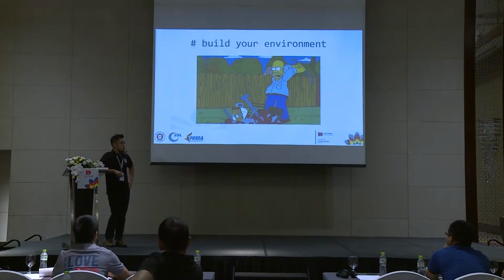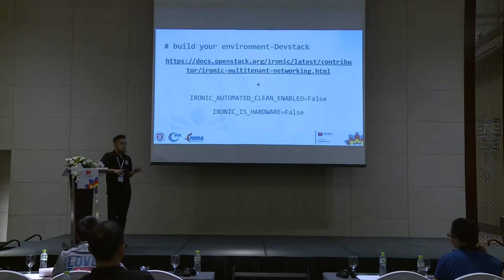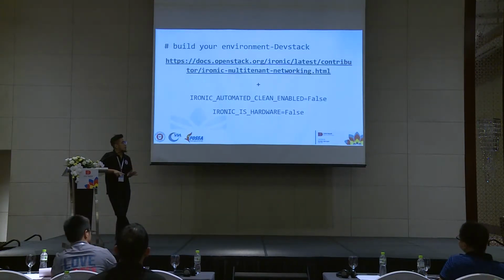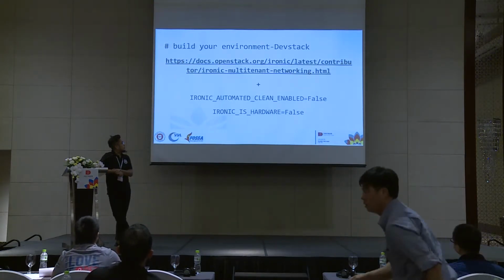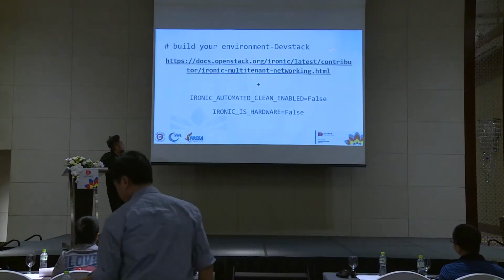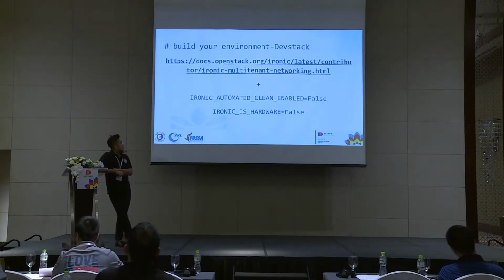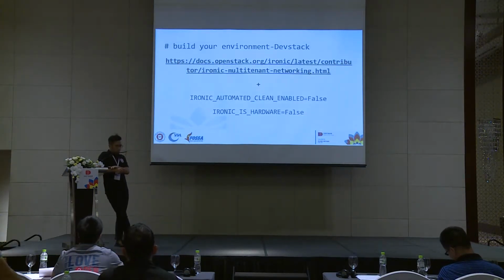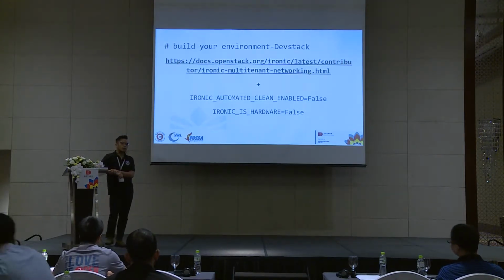You also need to be able to create your environment. If you just want to try, you can use OpenStack, where you can go and see the multi-tenant networking. There's the local config that you can use. And just remember, if you just want to experiment and you don't have a physical node, that's fine.